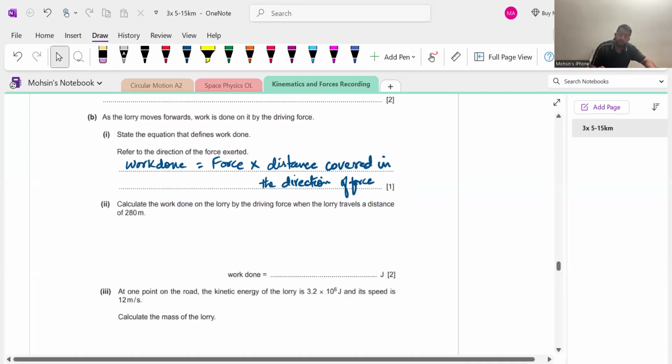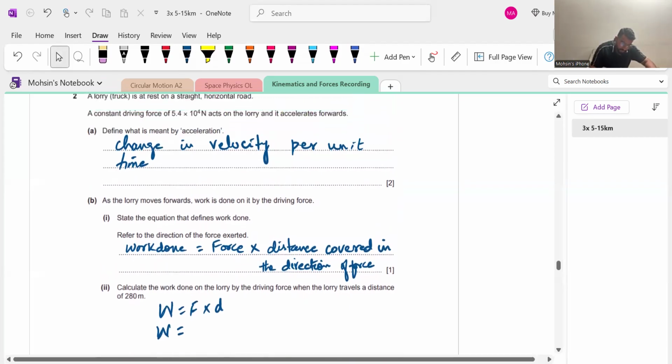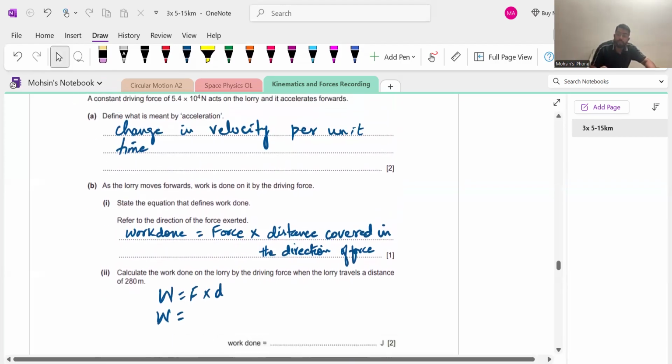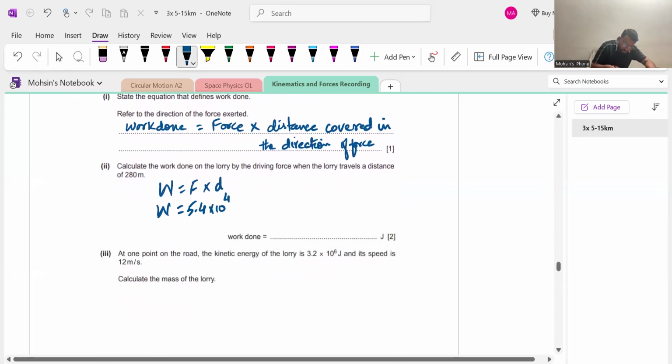Calculate the work done on the lorry by the driving force when the lorry travels a distance of 280 meters. Work done is force times distance, and force is given in the question, which is 5.4 multiplied by 10 raised to the power 4, and distance is 280.